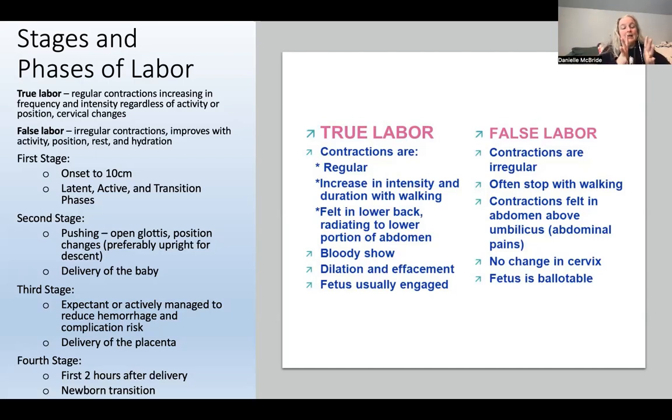Because guys, the placenta is going to detach from the uterine wall. And when this happens, the uterus needs to clamp down and tamponade those big vessels that have been feeding the placenta. Otherwise, we can have hemorrhage. So we have a provider expectantly and actively managing the delivery of the placenta, which is our third stage.